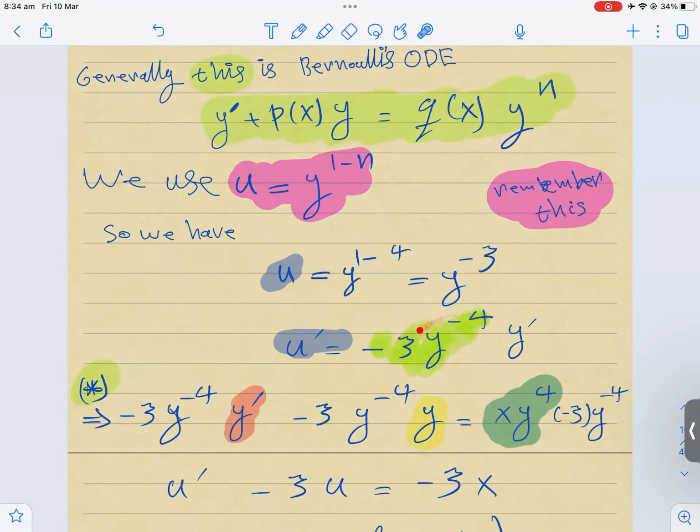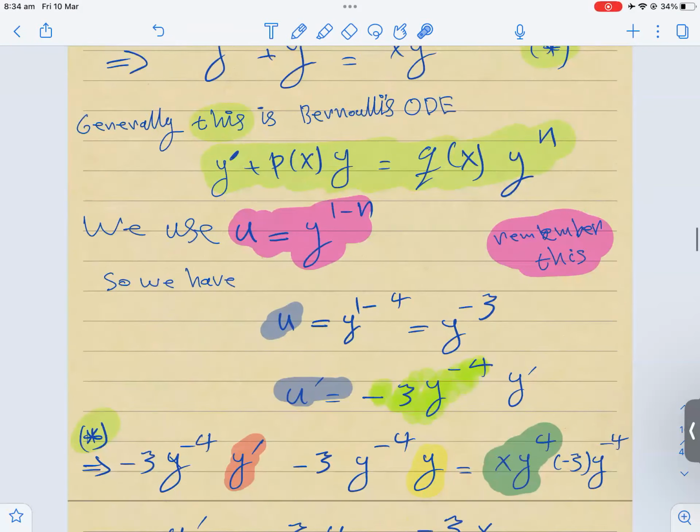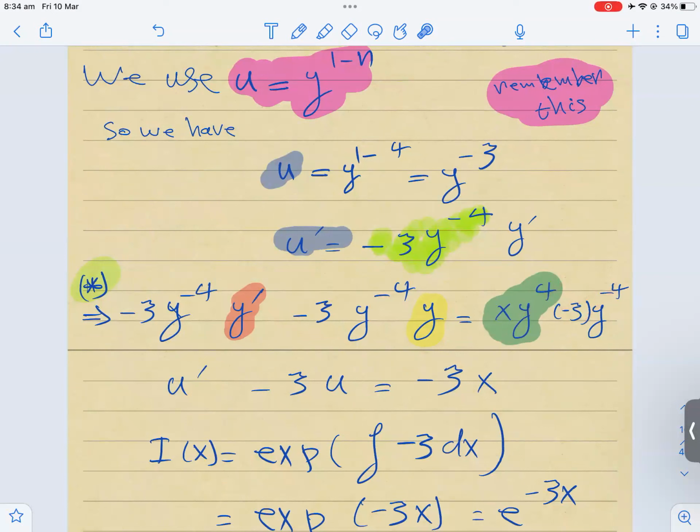Why do we want to do this? Because if I multiply by this, the whole first expression will be u prime. Then the rest will be fine. If you do everything right and carefully, you will see the cancellations. For example, y to the minus 4, and I had the y to the 4 here, so they cancel each other.